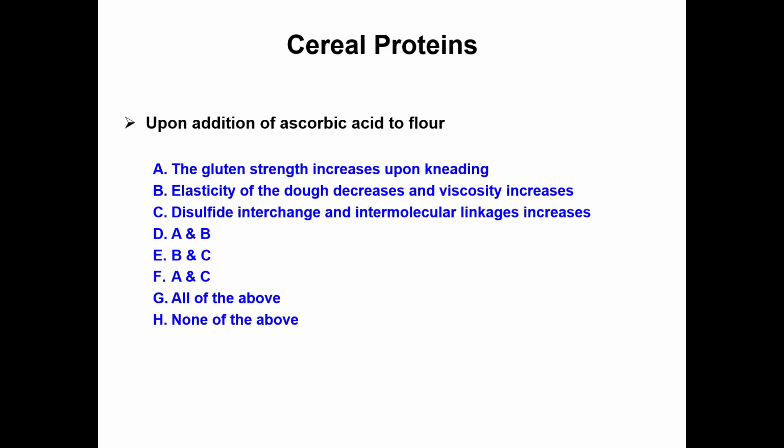And then when we are kneading, we are unfolding, right? And then now we have more free thiol, because the previous disulfide bond was within the molecule. That's why indirectly it acts as an oxidizing agent.